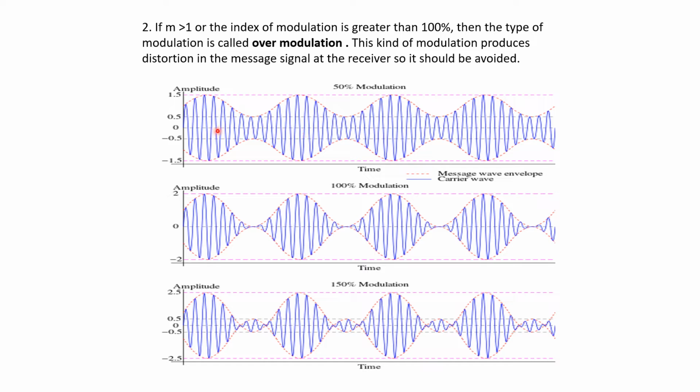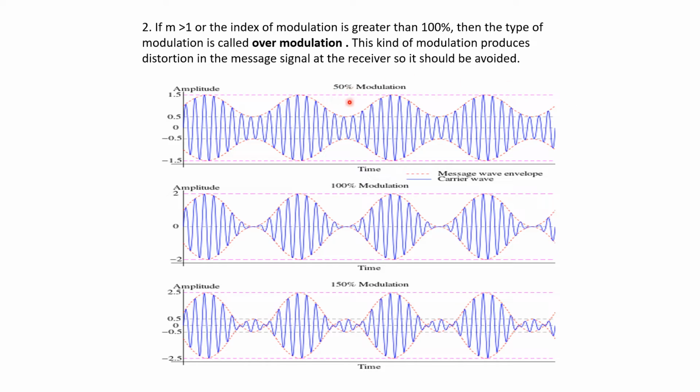In the first figure, this is the case of under modulation or linear modulation. As we can see, the amplitude of the message signal is smaller than the amplitude of the carrier signal. Therefore, this is the case of under modulation, as we have seen in the previous slide.